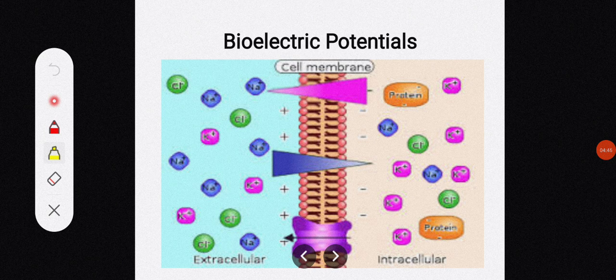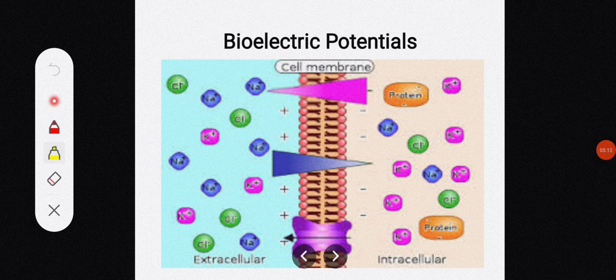Now I will be discussing in detail how bioelectric potentials are generated. What is the source of bioelectric potential? As I have told you, there are certain special types of cells like muscle cells and nerve cells. These cells are encased by a semi-permeable membrane.